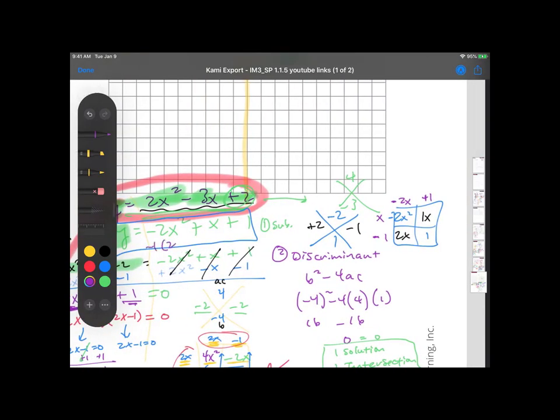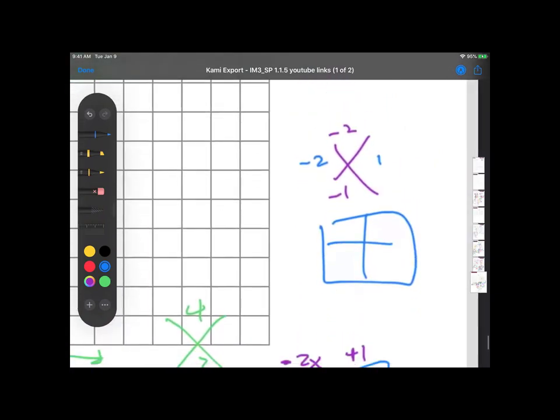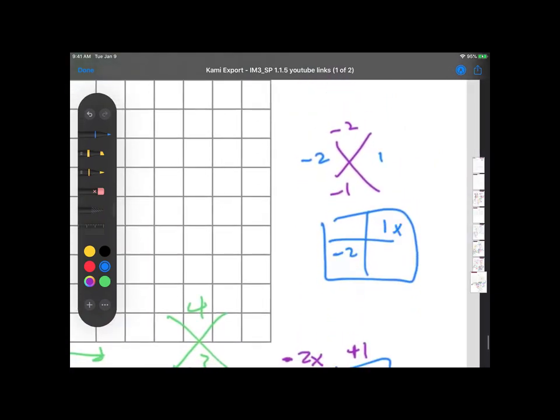Let's double check. 2x squared minus x minus 1. And I'm going to see if I can do it in purple. Negative 2, negative 1. Get negative 2, 1. Negative 2, 1.